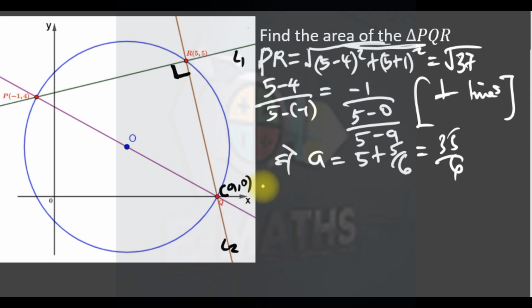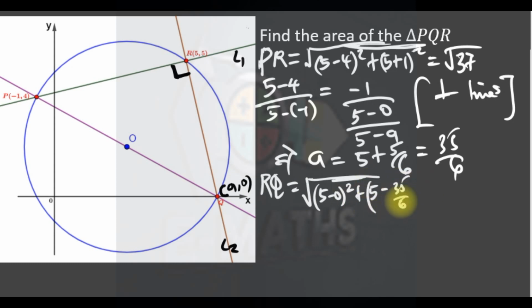Therefore, to get the distance PQ, or RQ, it is the square root of (5 minus 0) squared plus (5 minus A, that is minus 35 over 6) squared. So this is 5 squared plus minus 5 over 6 squared.